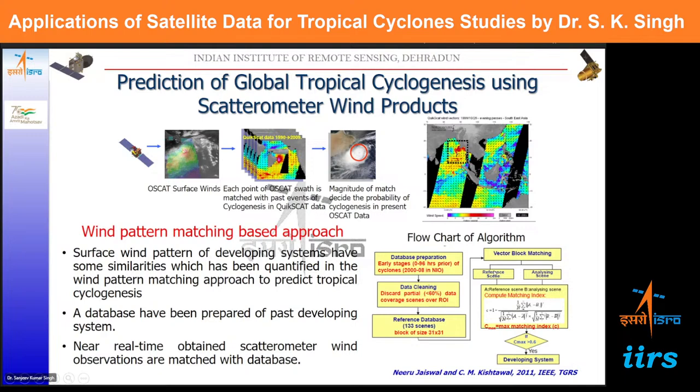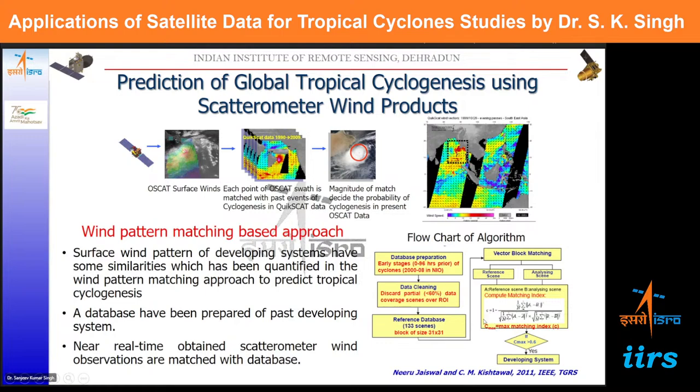They took the reference scene, which comes from the database, and the alias scene, which comes from real-time scatterometer data. They used this formula to compute the matching index, considering the wind vector as a complex number. If the matching index is maximum, that point is considered the center of the tropical cyclone.